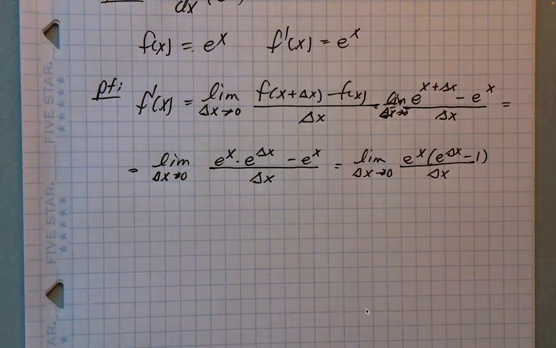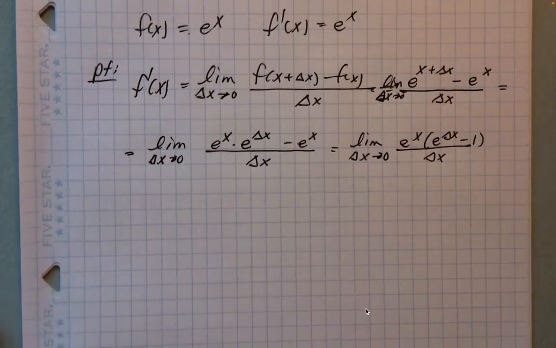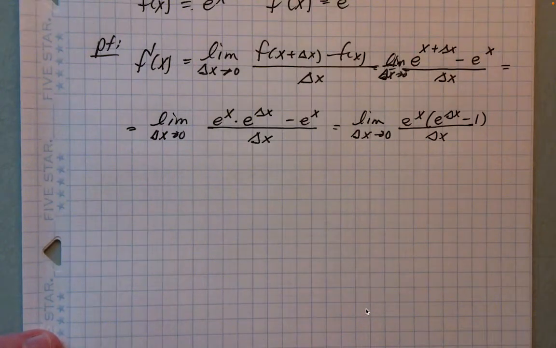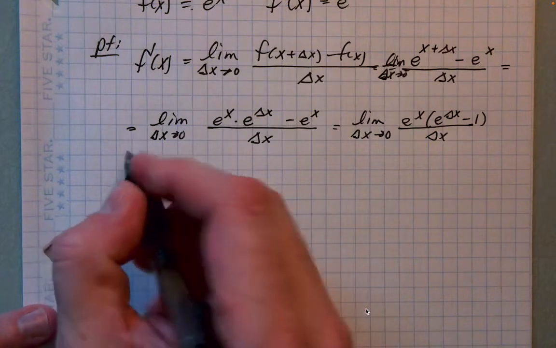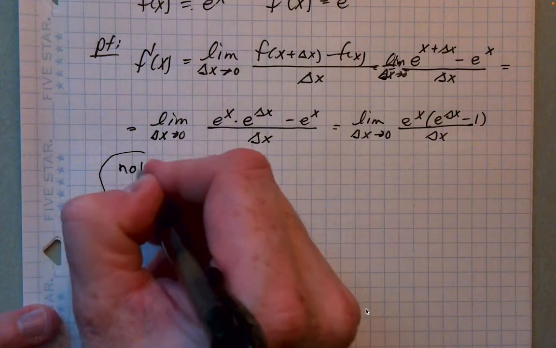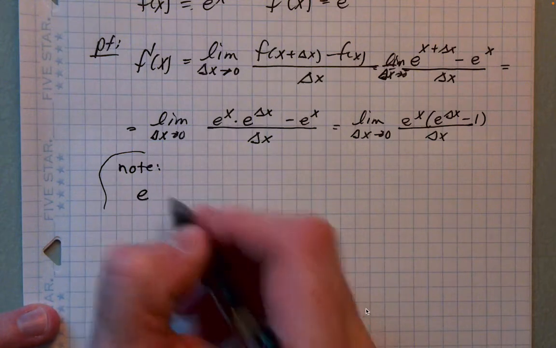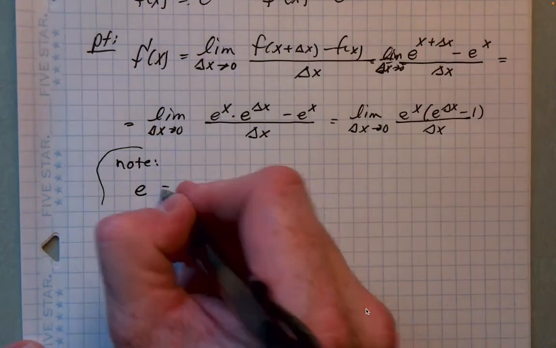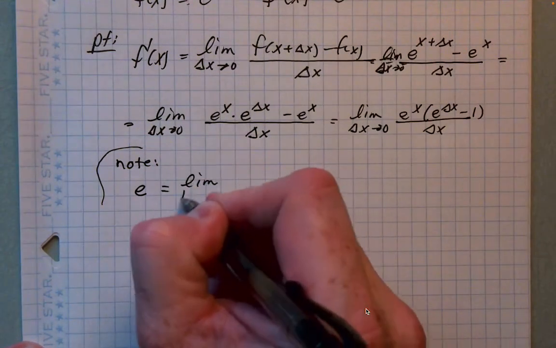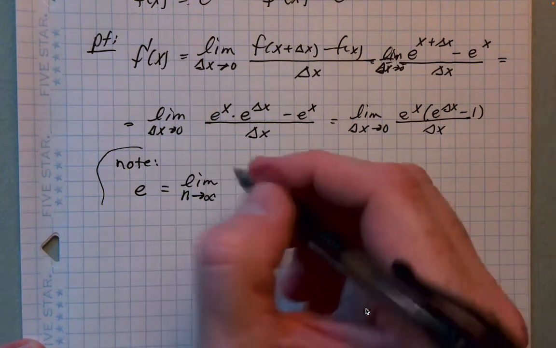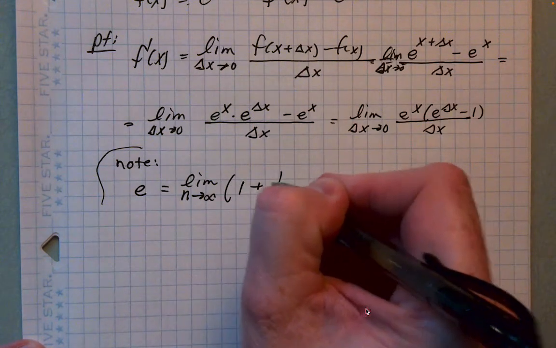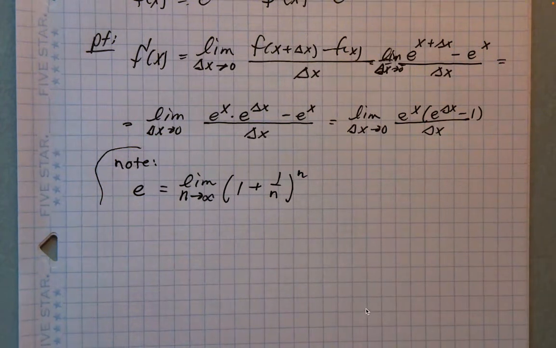Now, here's where we have to get a little tricky. This is kind of a side note here. The constant e is equal to the limit as n goes to infinity of 1 plus 1 over n to the nth power.